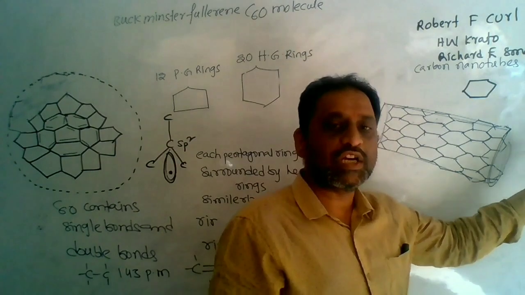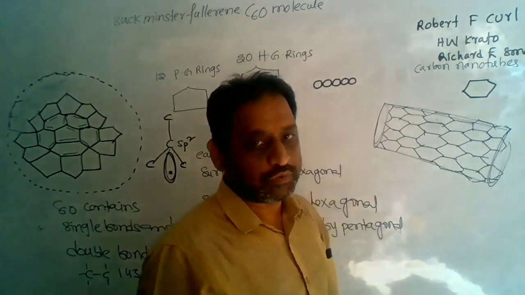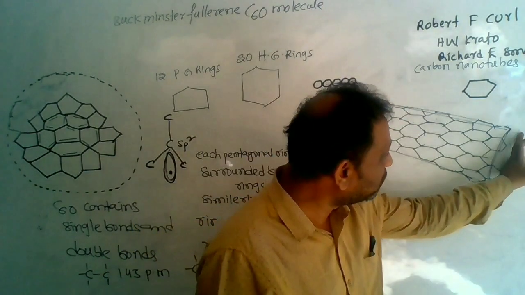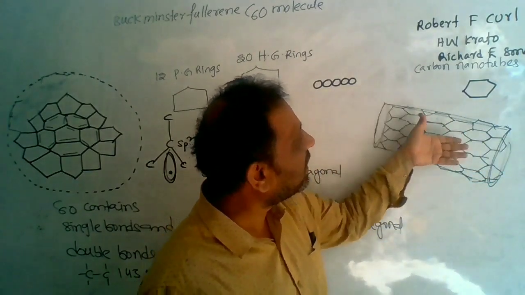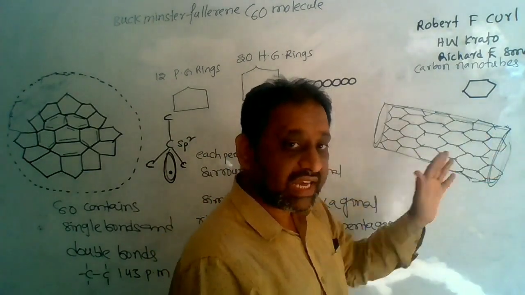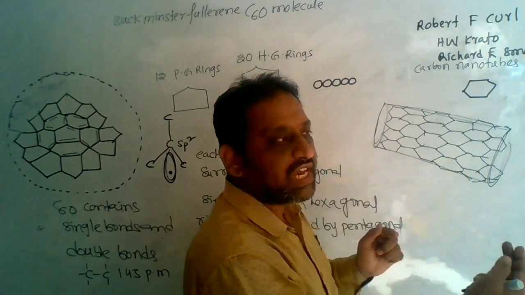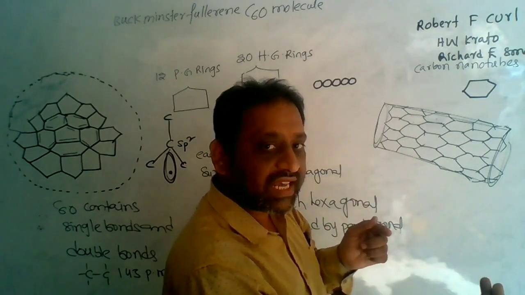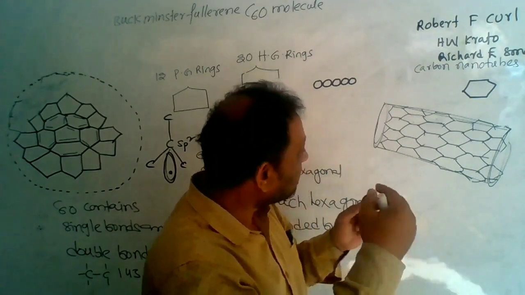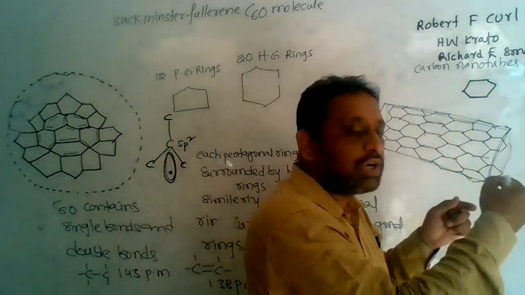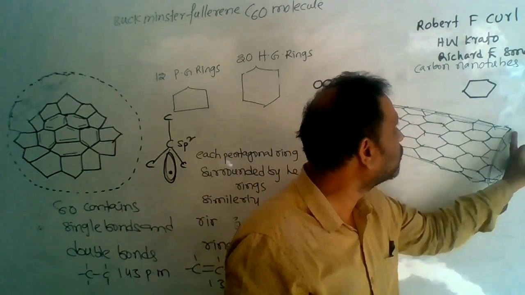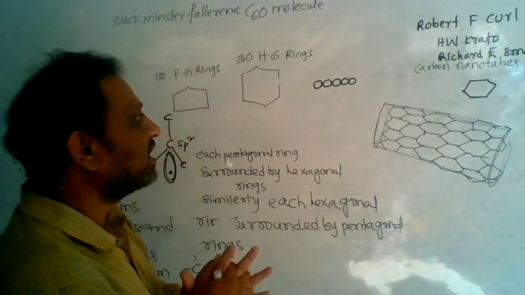That cylindrical tube is called a nanotube. It is made up of hexagonal rings with carbon atoms.